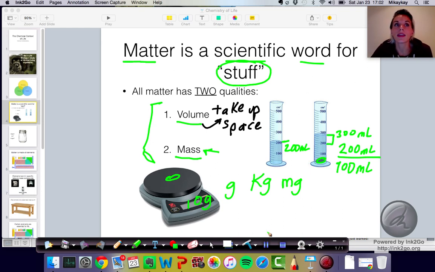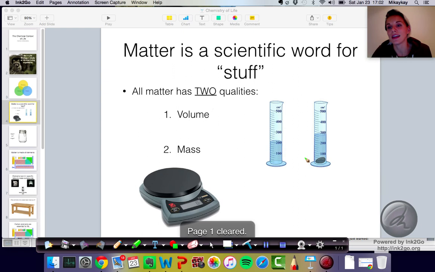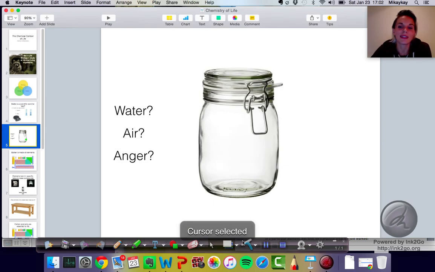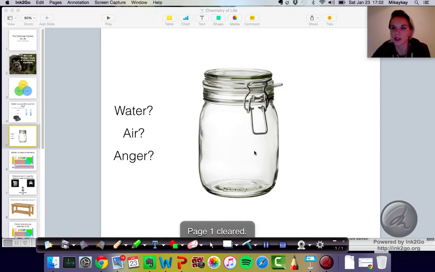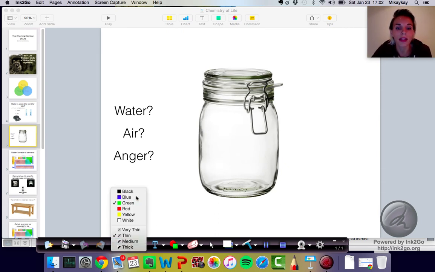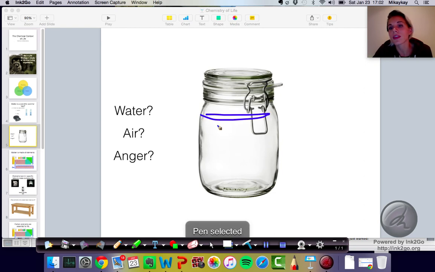One way that I like to think about matter to help decide if something is matter or not is that I imagine a jar, and I imagine if I can put whatever is at hand in the jar. So here we have my picture of a jar, and so water, right? Is it matter? Is it not matter? Well, if you could take water and pour it into the jar and fill that jar up with it and hold it in there, it's matter, right? And we know water is matter. That makes sense.